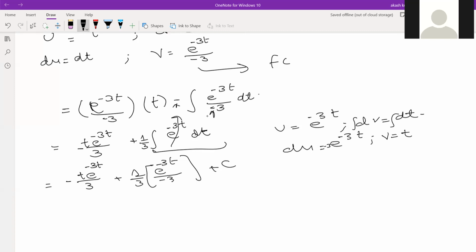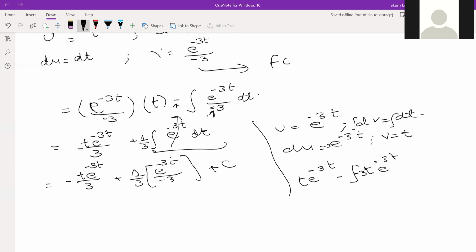Then uv, which will be t e to the power of minus 3t, minus the integral of v du, where v is t and du is minus 3 e to the power of minus 3t.